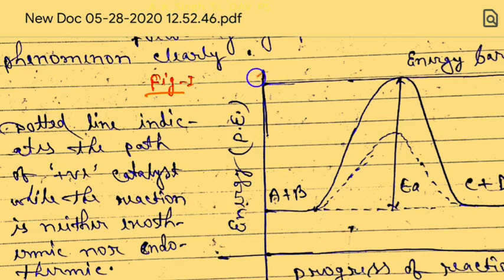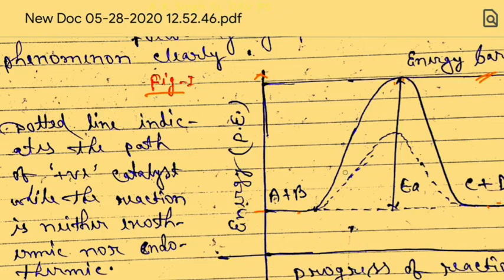On the y-axis there is energy. A and B are the reactants, C and D are the products. It is the energy barrier. If activation energy is supplied, then what happens? It crosses the energy barrier and forms the products C and D. It is neither exothermic nor endothermic because the energy of A and B and C and D here is the same. So it is neither exothermic nor endothermic.